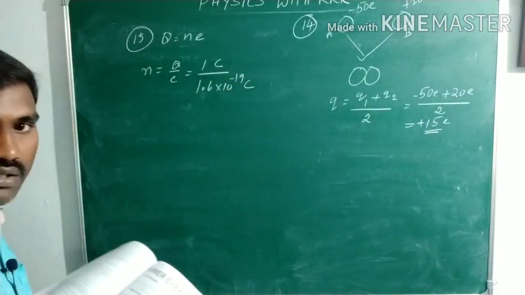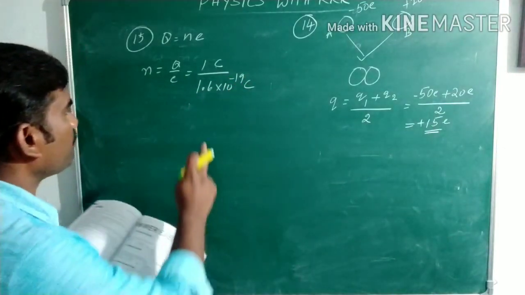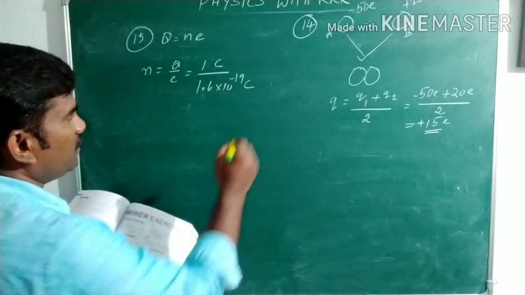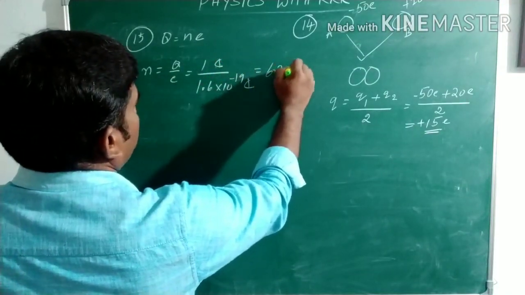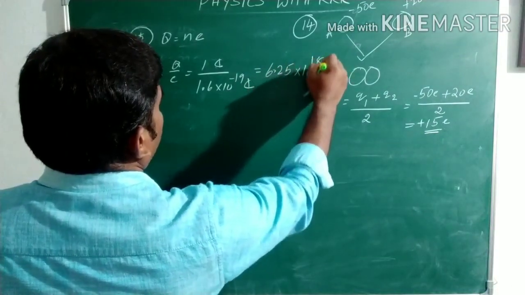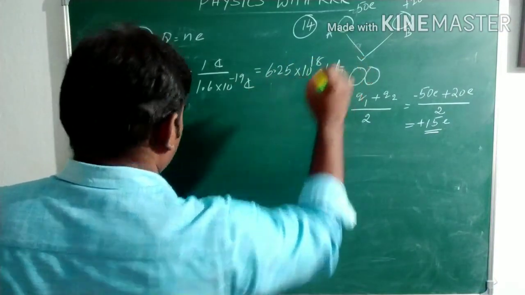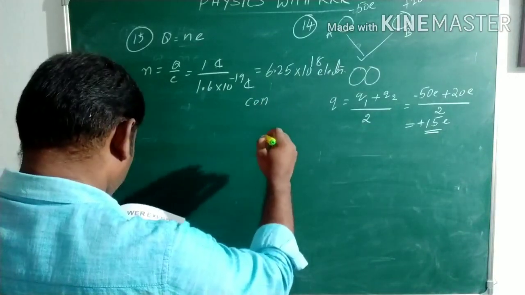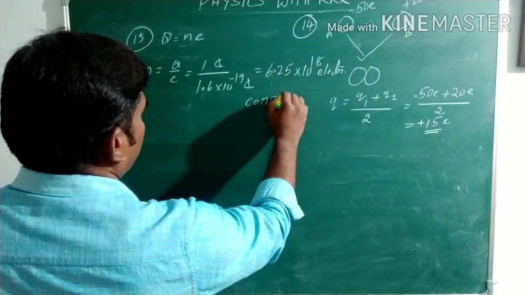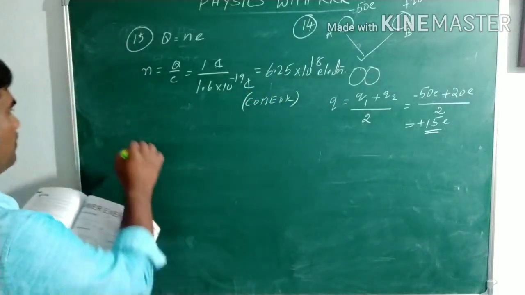E is called the basic quantum of charge. Now the coulomb will cancel. This will be 6.25 into 10 power of 18 electrons. This question was asked in the COMEDK examination.